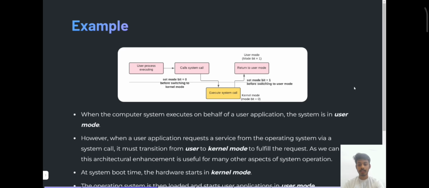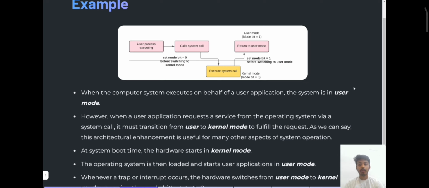Let us take a basic example. When the computer system executes on behalf of a user application, the system is in user mode. However, when a user application requests a service from the operating system via a system call, it must transition from user to kernel mode to fulfill the request. As we can say, this architectural enhancement is useful for many other aspects of system operation.